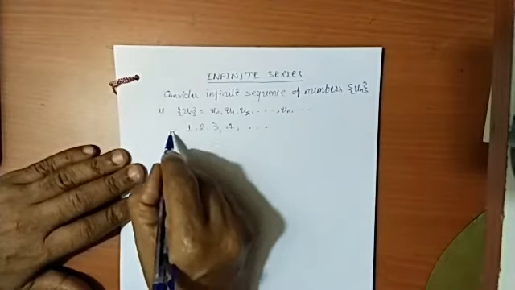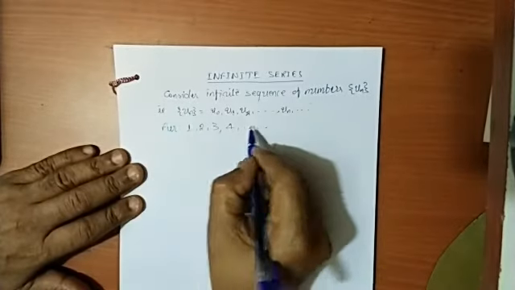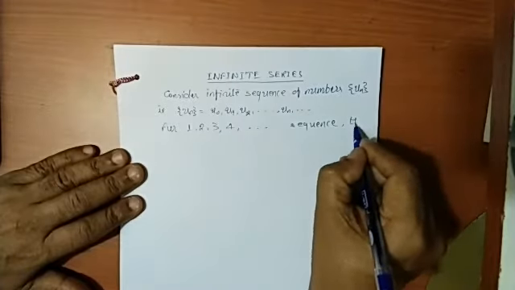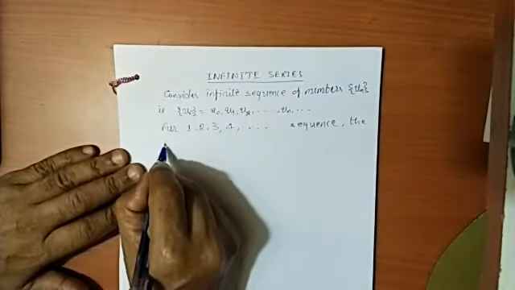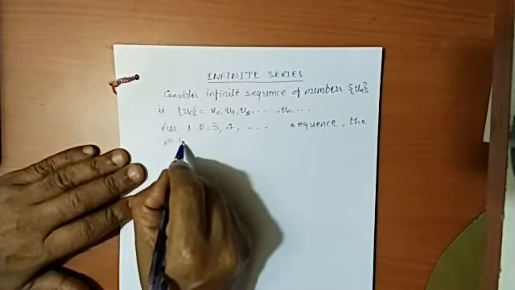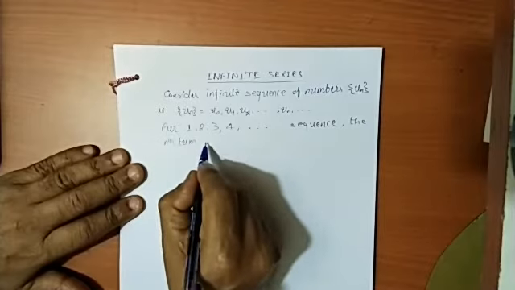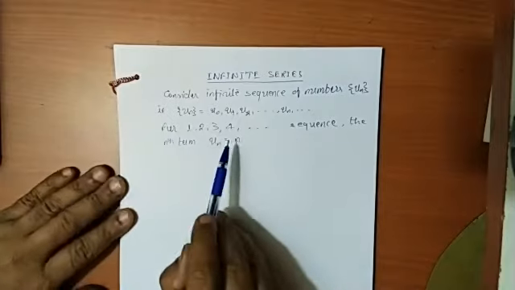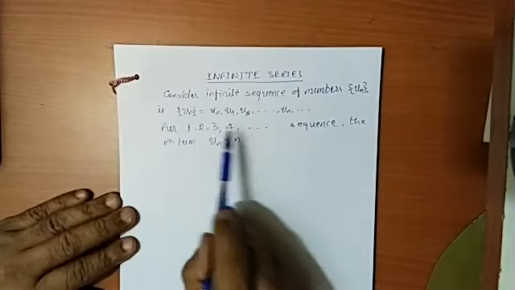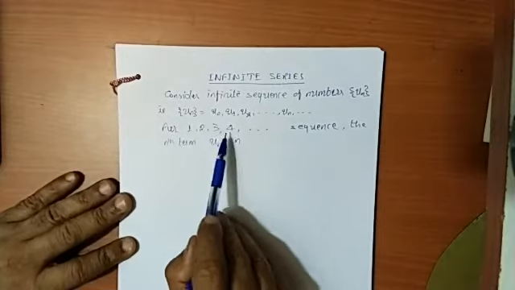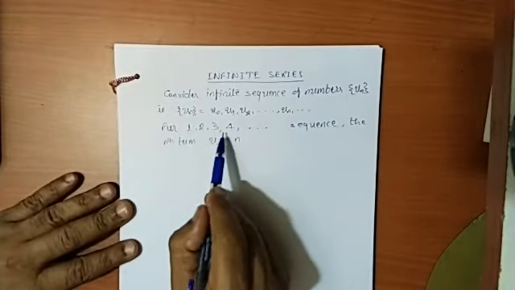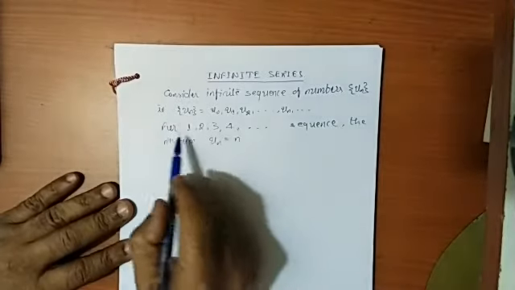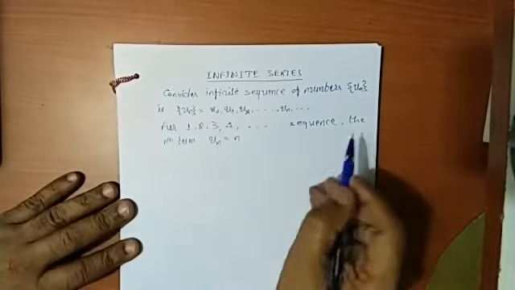For the sequence one, two, three, the nth term un is equal to n. So this sequence of numbers is called a series.